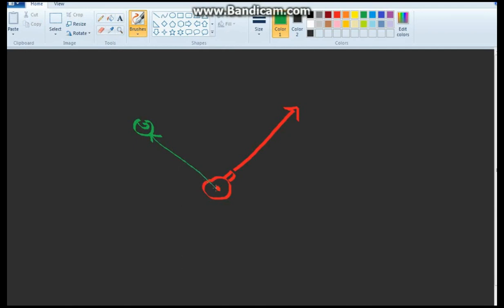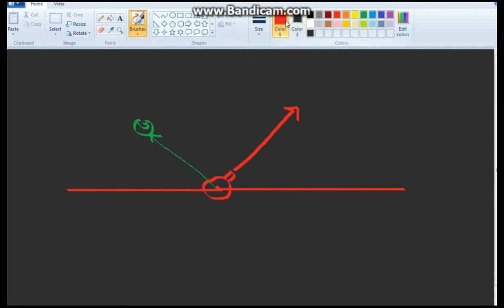So what we're going to say here is that if our target direction is greater than our current facing direction, we're going to rotate counterclockwise.